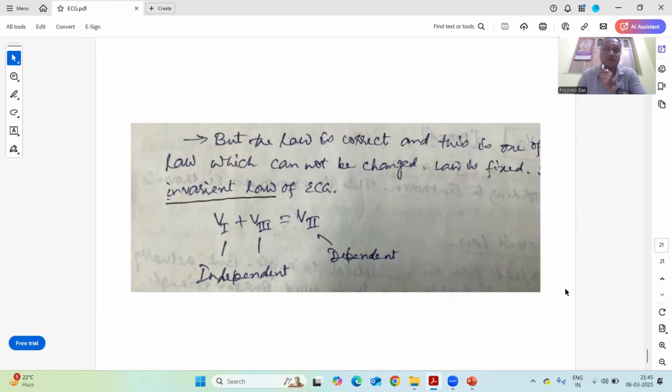This is again a contradiction. Now, if you miss one of the left arm, right arm, or left leg electrodes, your ECG will be vague. So these three leads are a must, otherwise your ECG is not complete.